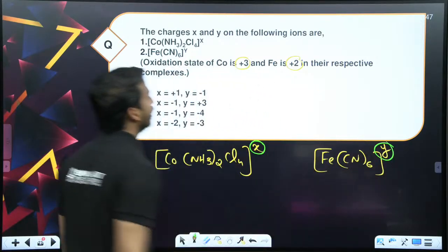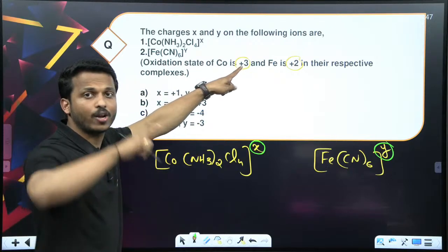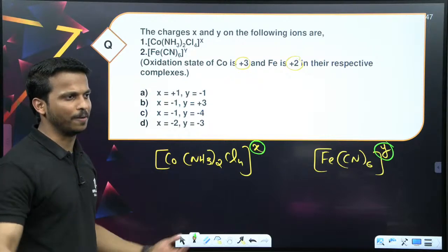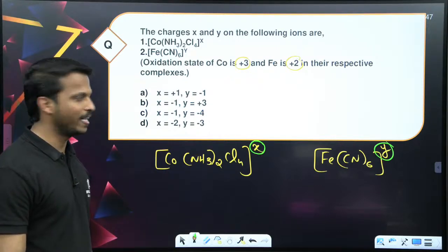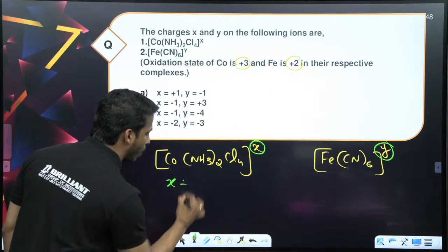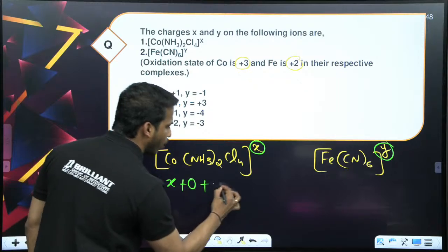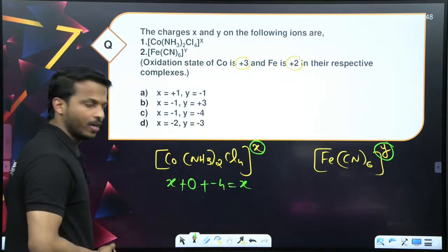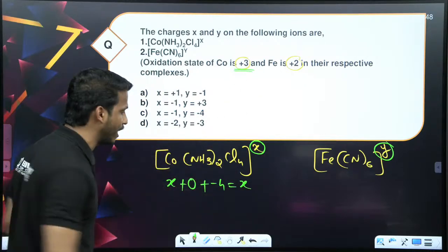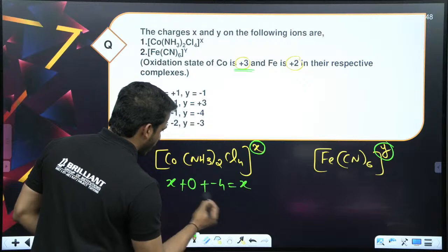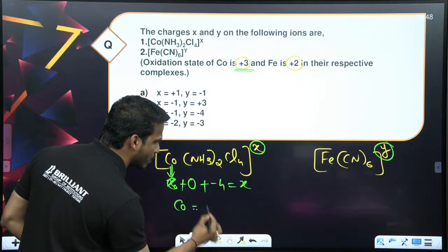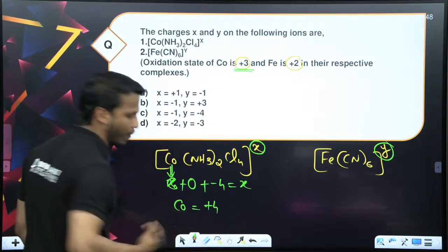X and Y. See, already they have given that the cobalt oxidation state overall should be +3 and iron should be +2. It is just a substitution. You can take it in a different way. Let me take cobalt as X, ammine neutral, 4 chlorine -4, overall charge is X. I want the overall oxidation state of cobalt to be +3.